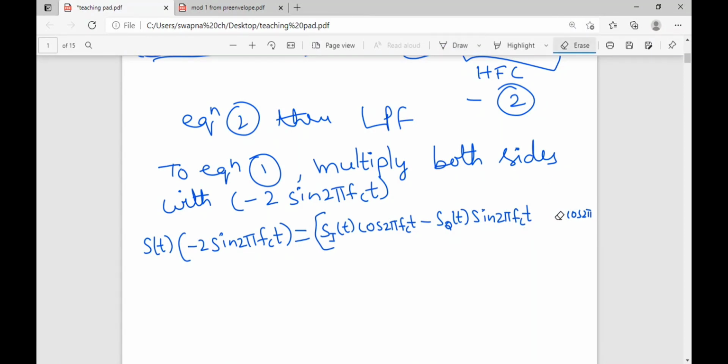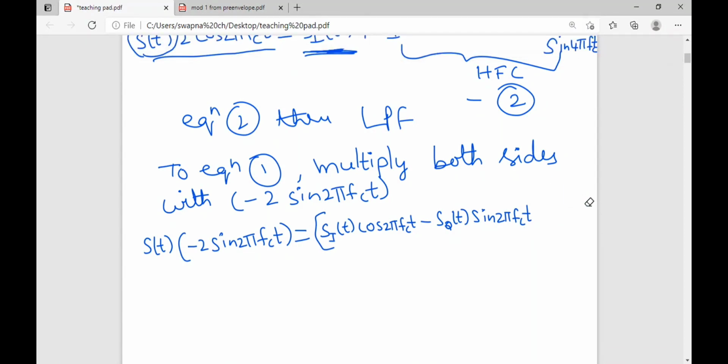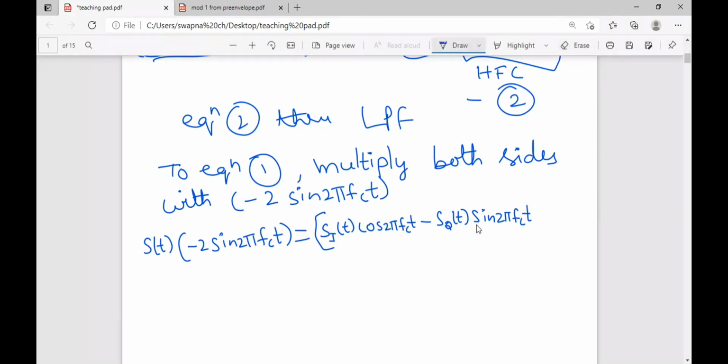Okay, let me write it a little smaller. Minus 2 sin 2 pi fct. This is what we need to multiply. Okay, so the left hand side we will keep as it is and the right hand side we will try to analyze.